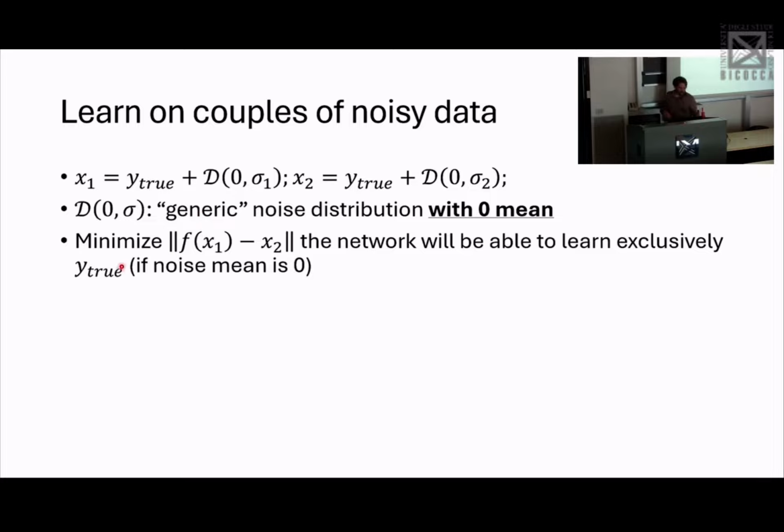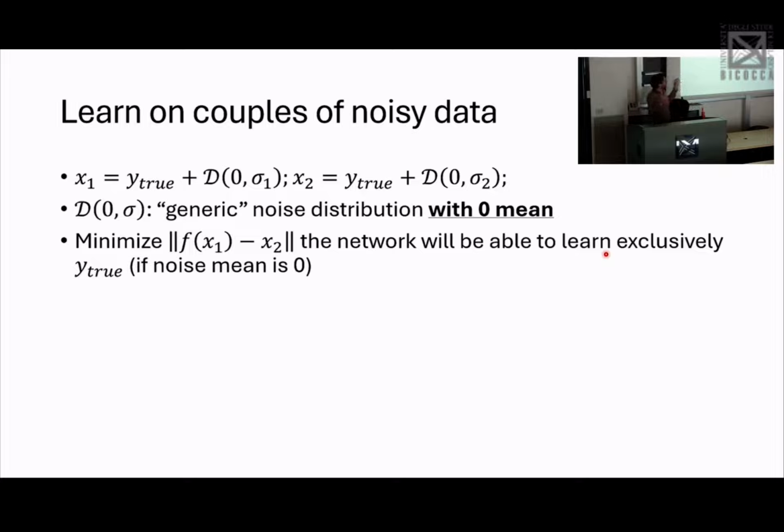If I ask my neural network to predict this function here, the minimum of the norm of x1 minus x2, the network will be able to learn exclusively the true image if the noise mean is 0, because noise is completely random, so it has no way to predict it from another distribution of noise, because no information about that is contained in the other.